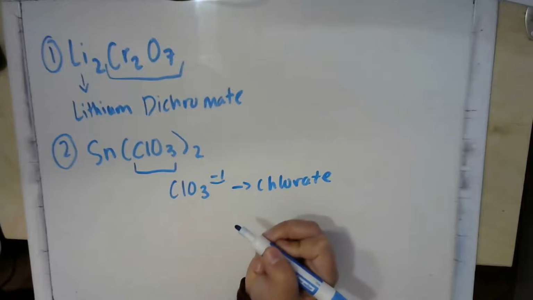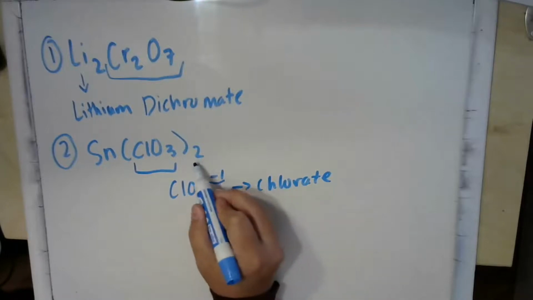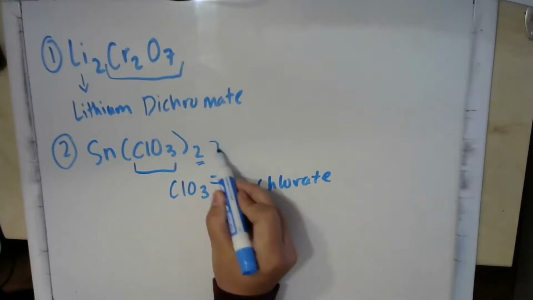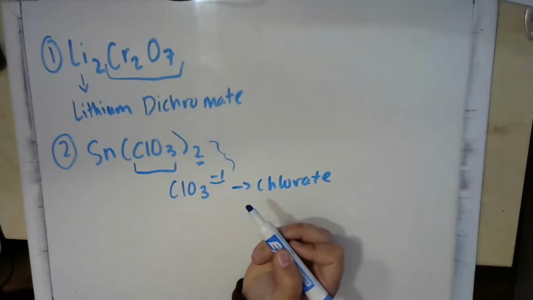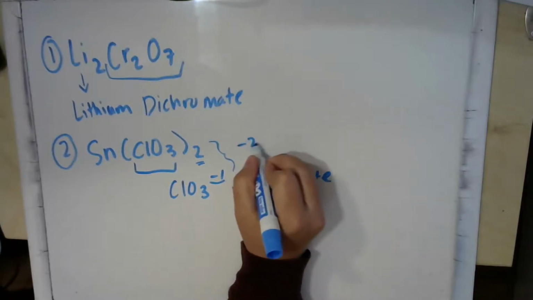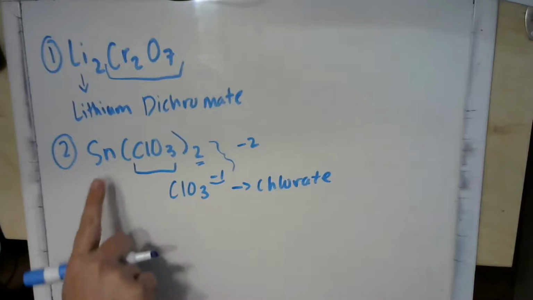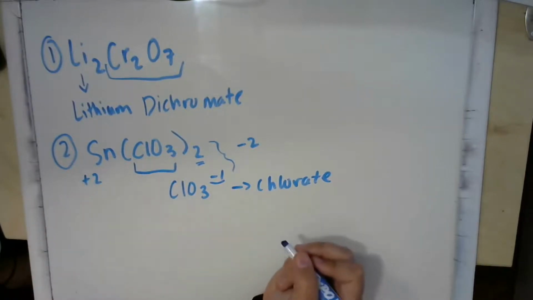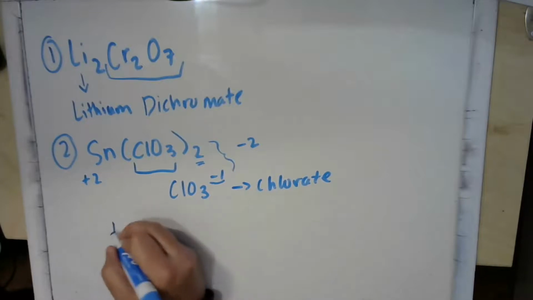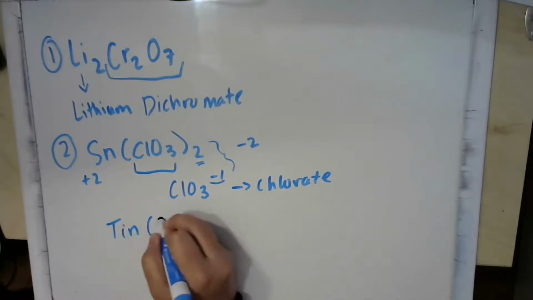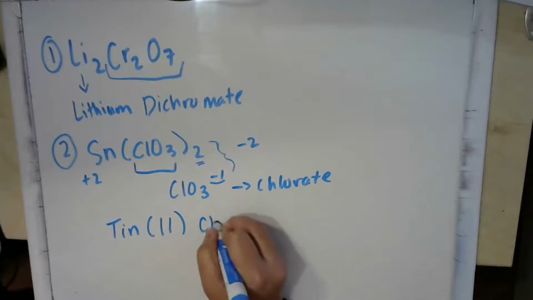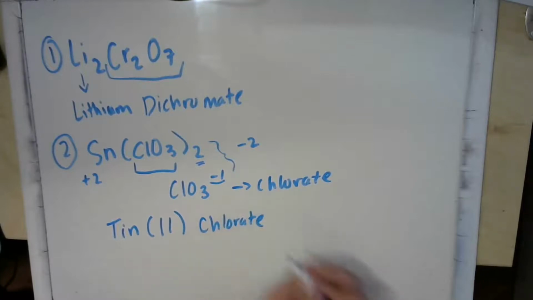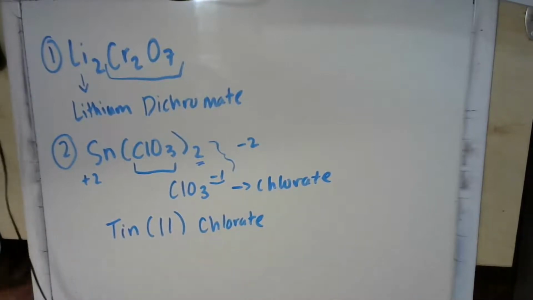I know that the chlorate has a -1 charge and that there are 2 of them. So that means that the total charge contribution from my anion is -2. That means the charge on my tin has to be a +2. So this must be tin(II) chlorate.